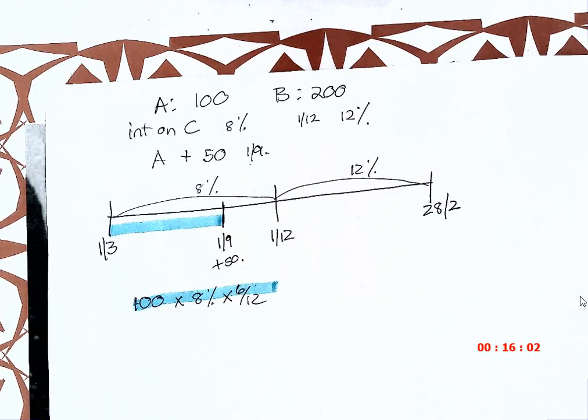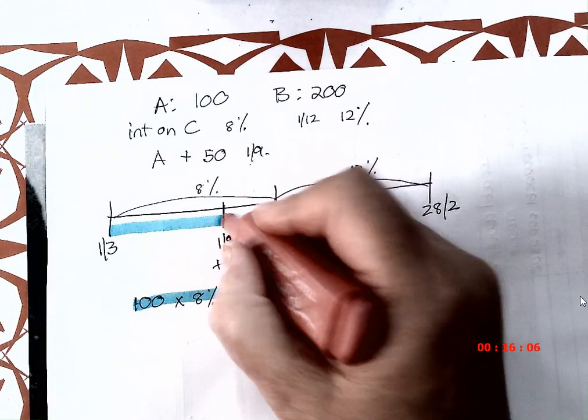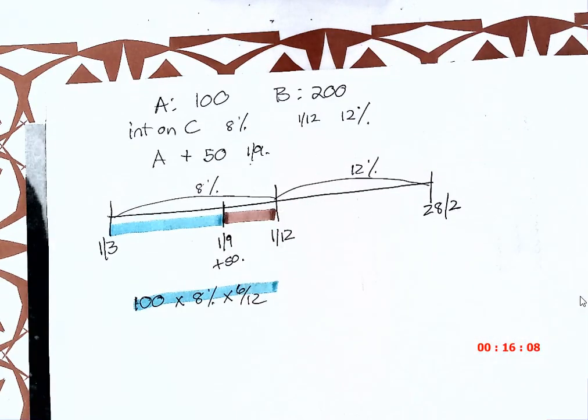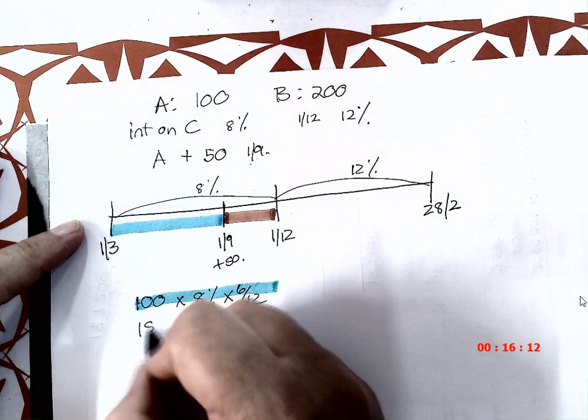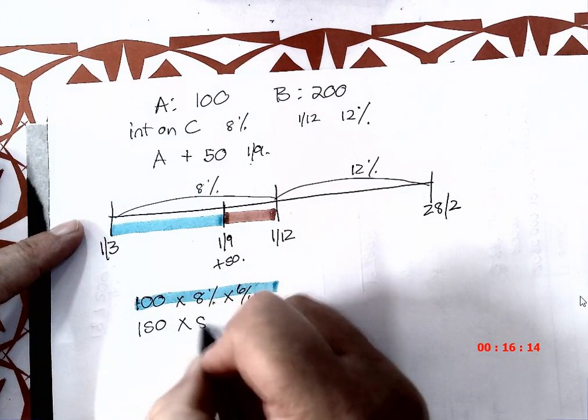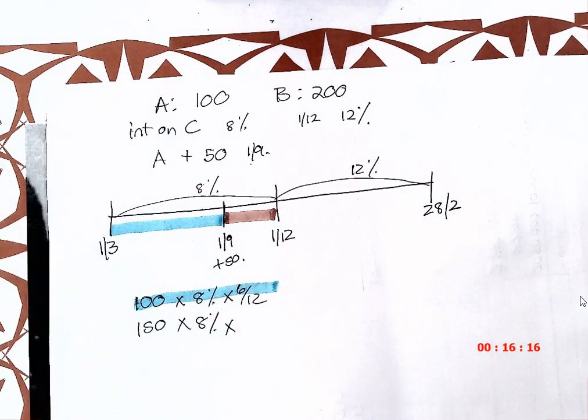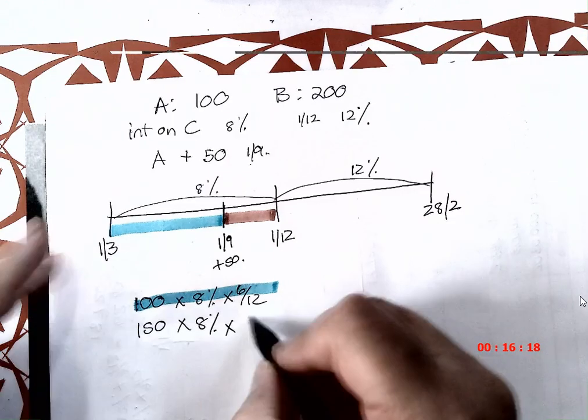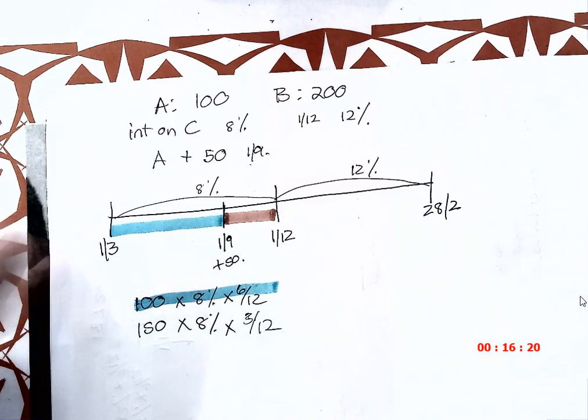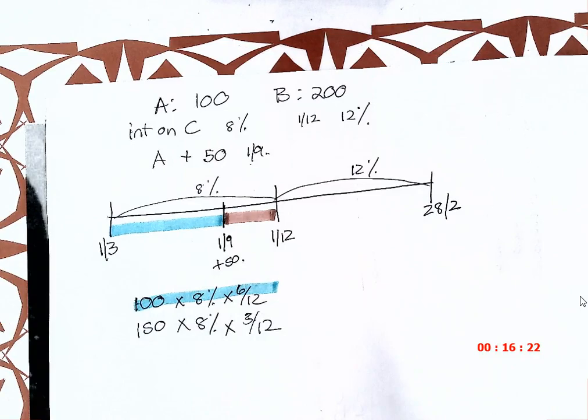The second one, I now look. Can you see? It's up until there, because then the percentage changes. So now it's 150, 8%, September, October, November, 3 months. Can you see how it works?